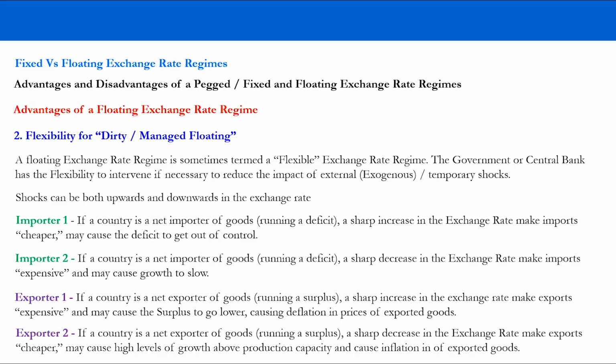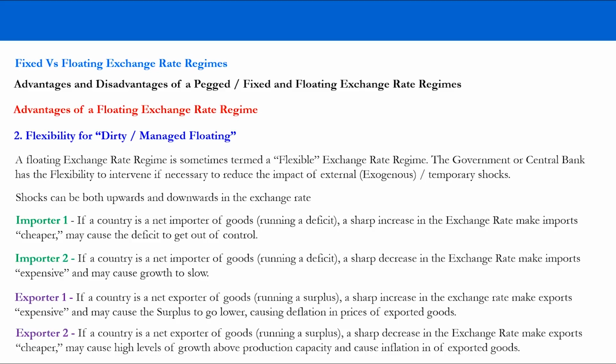As an exporter, let's say, for example, you're a country that's a net exporter of goods and you're running a surplus, a sharp increase in the exchange rate due to some exogenous shock that's out of anybody's control makes your exports more expensive and can cause your surplus to go lower. And this can create a situation where you get deflation in the prices of your exported goods.